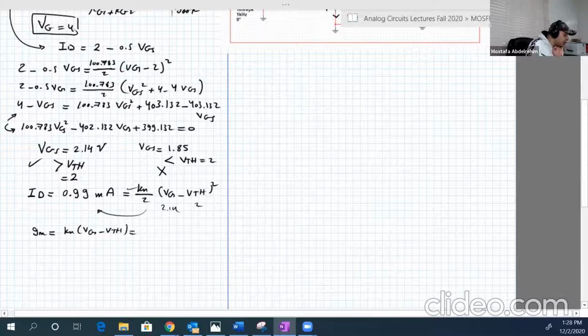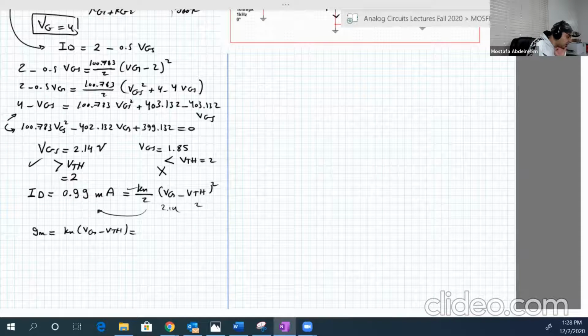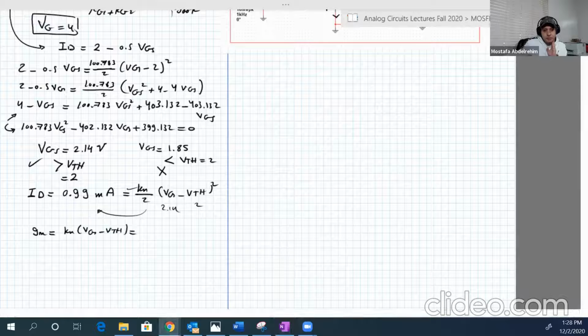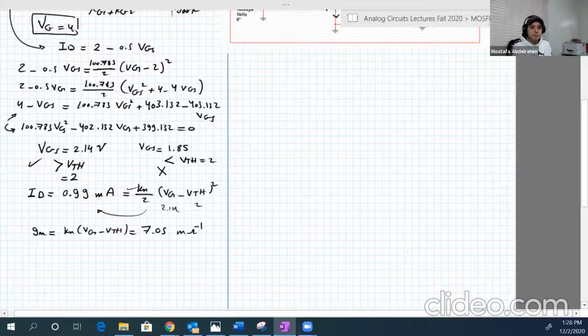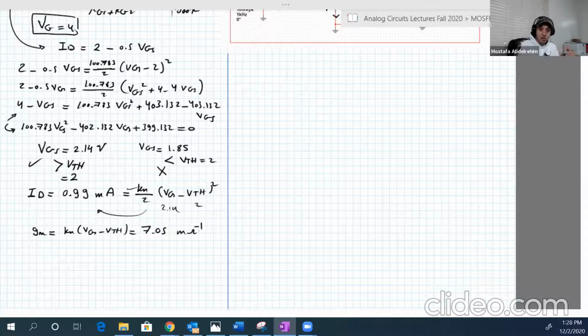If you do the calculations here, it will be 7.05 milli ohm to the minus 1. Okay, and now let's verify that we are really working in saturation.